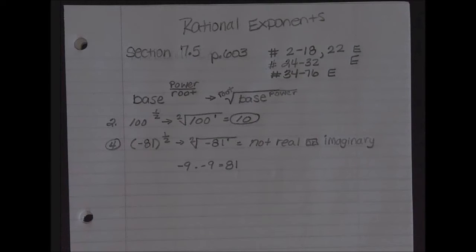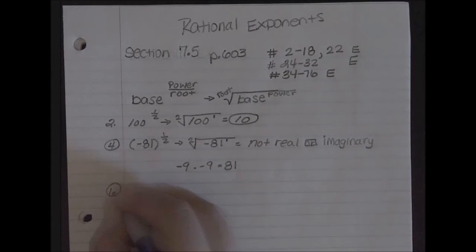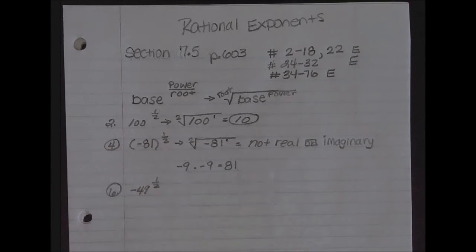So now let's move on to number 6. On number 6, I have negative 49 to the 1/2 power. When I have negative 49 to the 1/2 power, notice the difference between this problem and the one we just did.